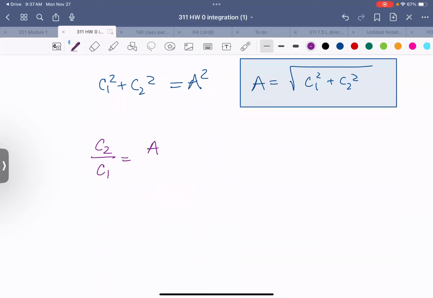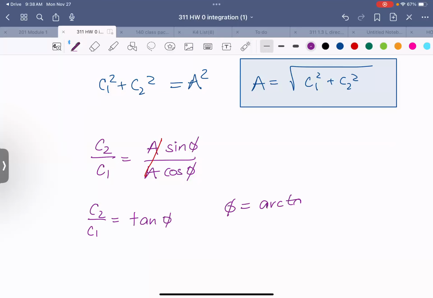That is A sine phi divided by A cosine phi. Then your A's will cancel out, and your sine over cosine will become tangent. And that tells you that your phase shift phi is the arctan of C2 over C1.